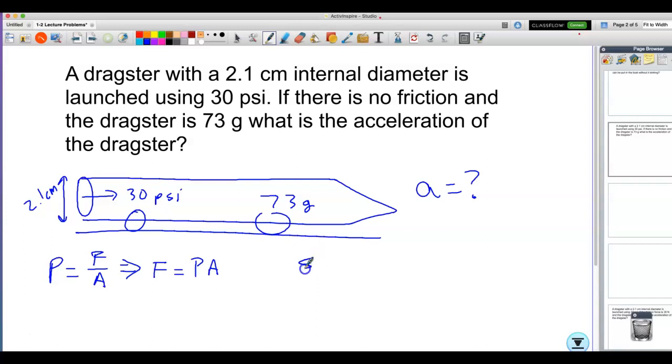Our sum of the forces, because we have no friction, is just going to be the force of the air. And that's going to be our net force, which is the mass times the acceleration. So if we can find this force of the air using our pressure, then we can get our acceleration, right? So let's look at this and see what we can do.